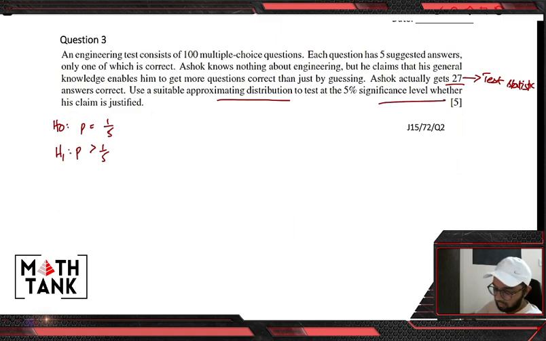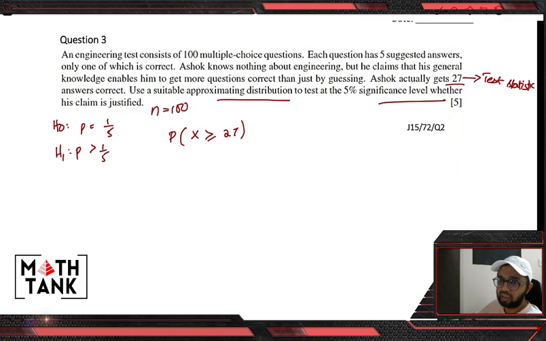So what I'm going to do is try to calculate the probability of this test statistic. I'm going to say that X is greater than or equal to 27, and I want to calculate that probability. A small problem is that this number is too large for a binomial distribution. I have 100 trials because there were 100 questions.